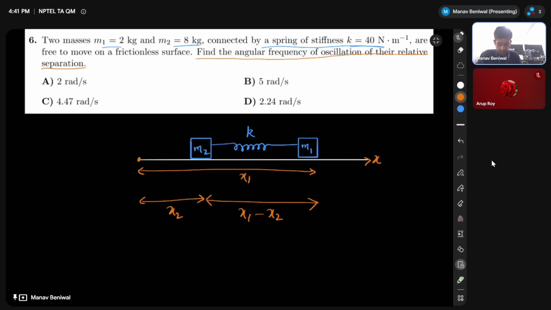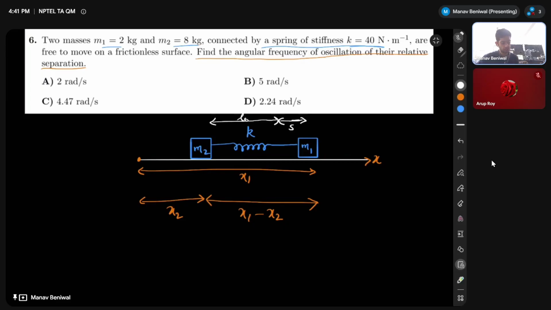Let us consider that the natural length of the spring is L naught, such that there is no tension in the spring, but we have stretched our m1 a little outside by some displacement s.